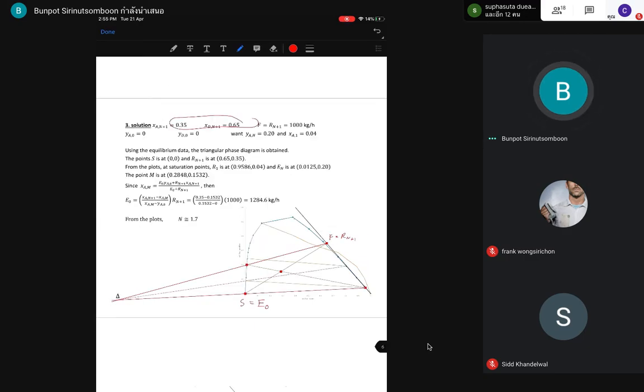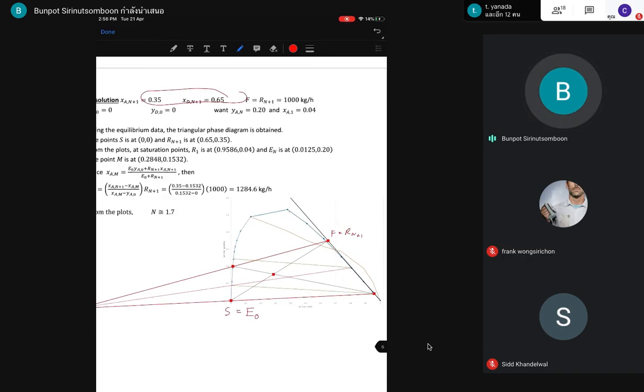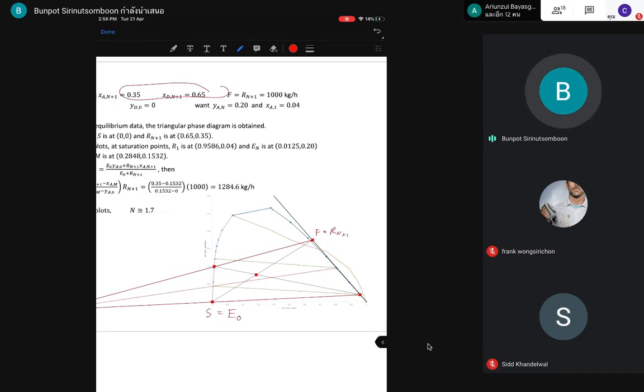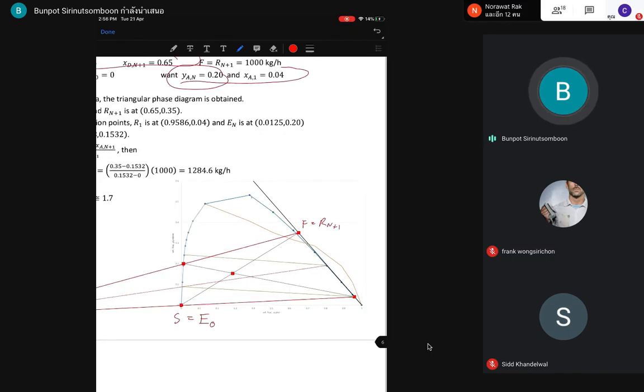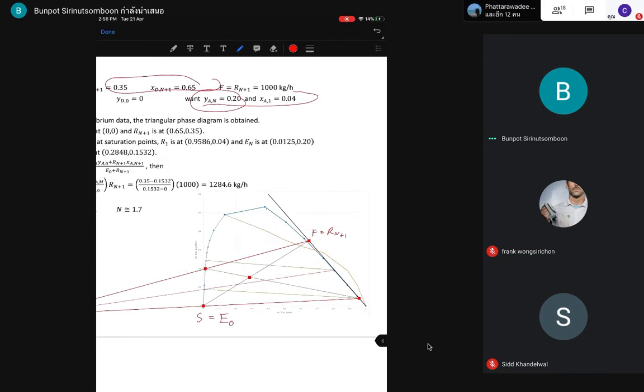And then the problem also gives us this information here, like the information at the end: we want YAN to be 0.2 and XA1 to be 0.04. So 0.04 is right here.